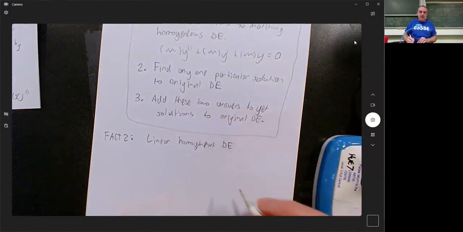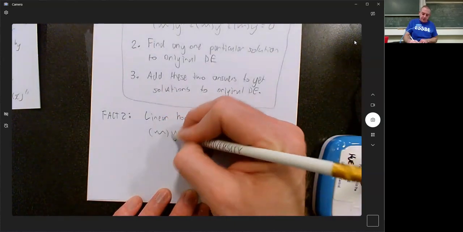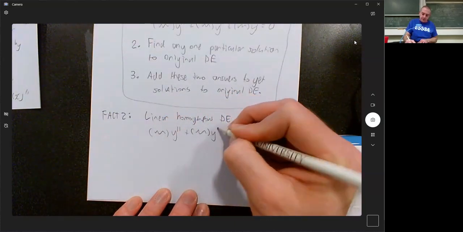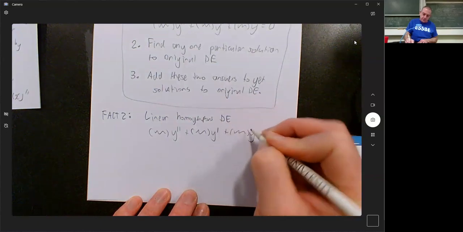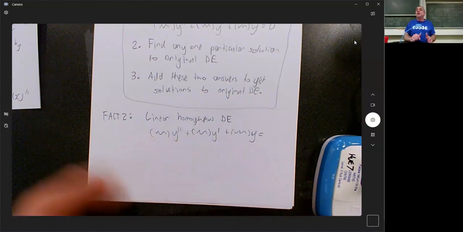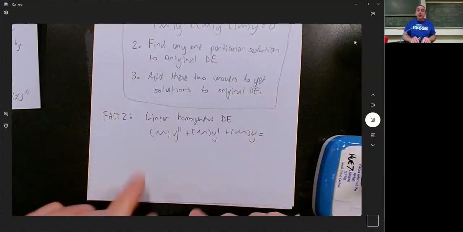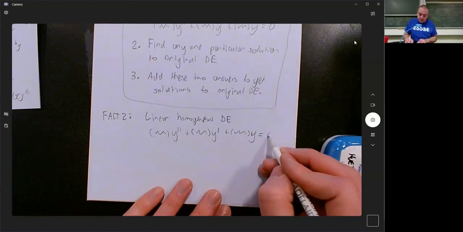A linear homogeneous DE, which looks like this. The reason I'm not putting numbers in these spots is that this actual theorem works regardless of whether there's numbers in that spot or not, whether they're functions of x or numbers.